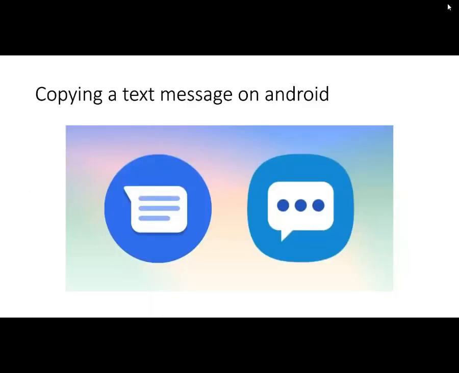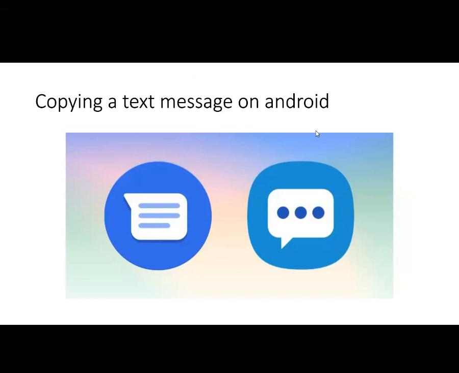Okay, so for those that have Android phones, Samsung phones, I want you to go to your text messaging app. Your text messaging app may look like one of these two here on the screen. So I want you to find this app on your phone for those that have Android Samsungs.